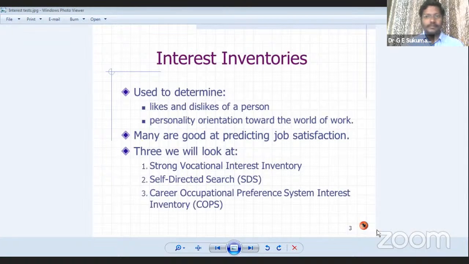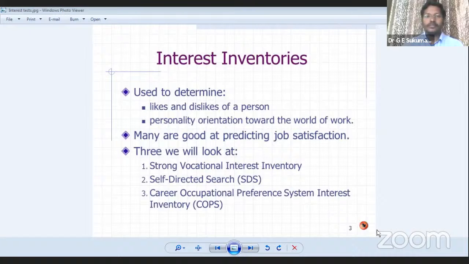And when we talk about interest, it is about the liking and disliking a person has. If a person likes that particular job, he is going to have good job satisfaction. It is talking about the level of satisfaction when they have interest, so likes and dislikes and their orientation towards a particular job or work.